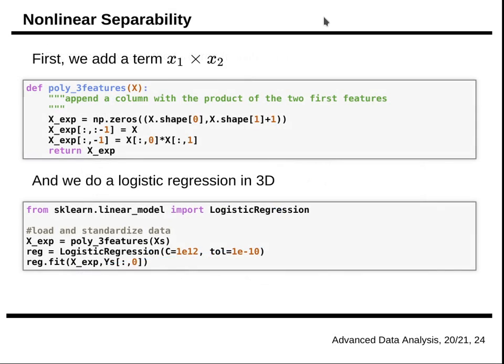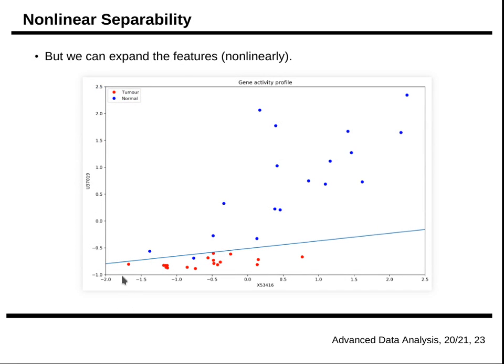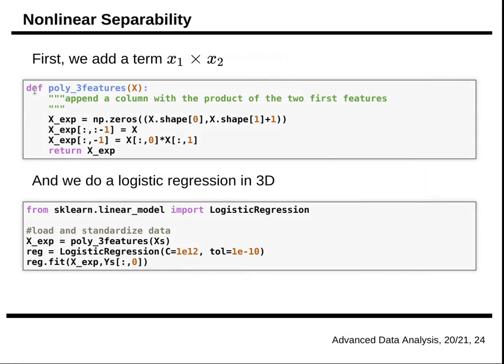So imagine that we take the matrix with these values, so this gene activity here and this one here, these are the x values, x1, x2, and we add a new term here, which is the product of the two. So this is one example of a nonlinear expansion for this data.